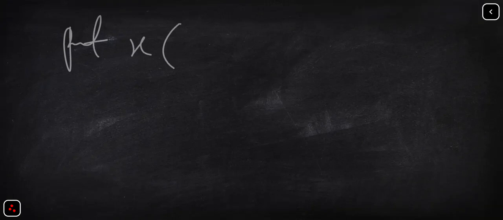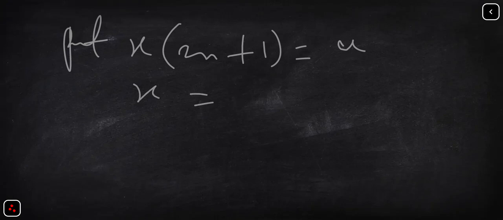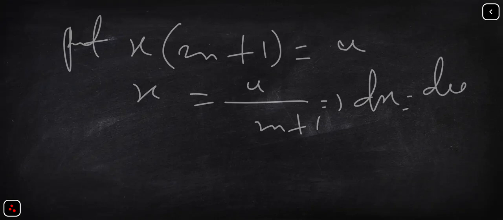I can just say put x into bracket 2n plus 1 to be any letter you like. I'm using u, so I can now say x into bracket 2n plus 1 is equal to u, so x is equal to u over 2n plus 1, and then dx will be equal to du over 2n plus 1.